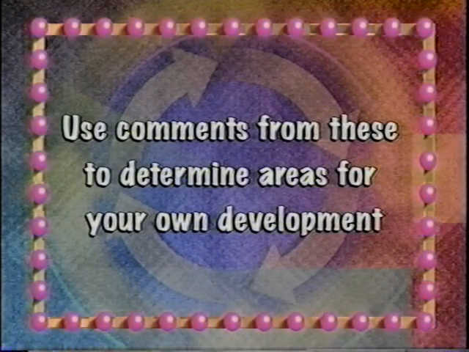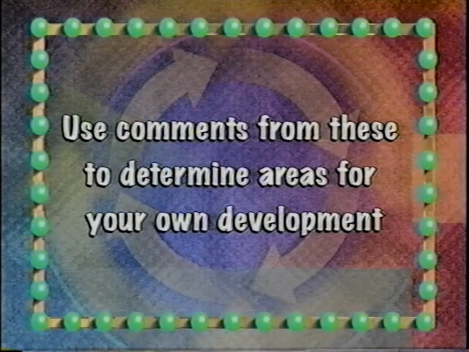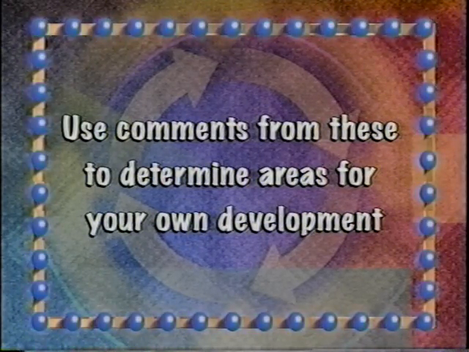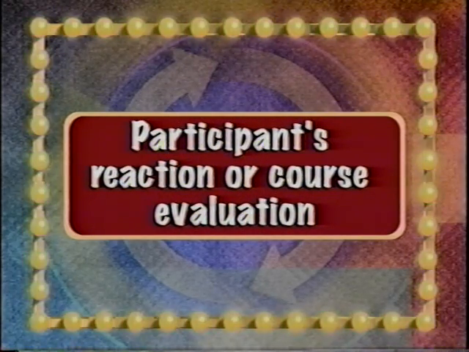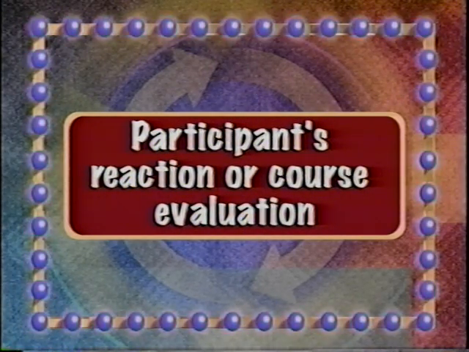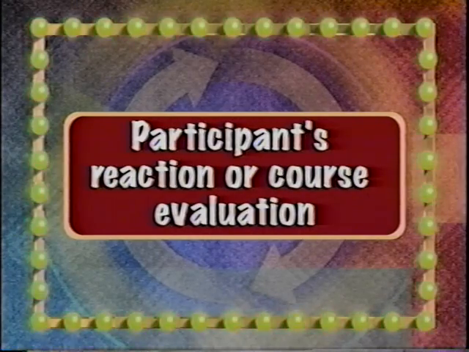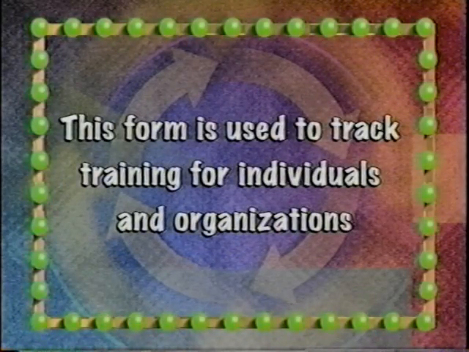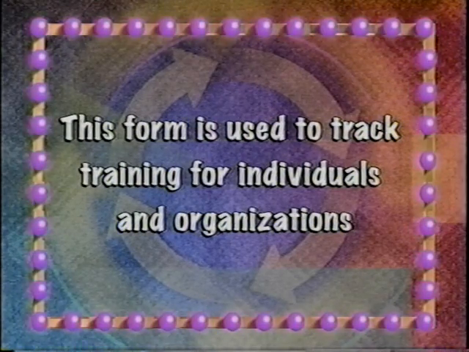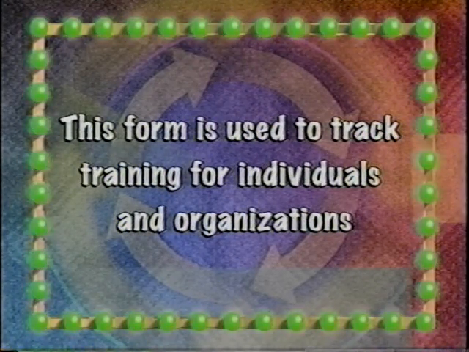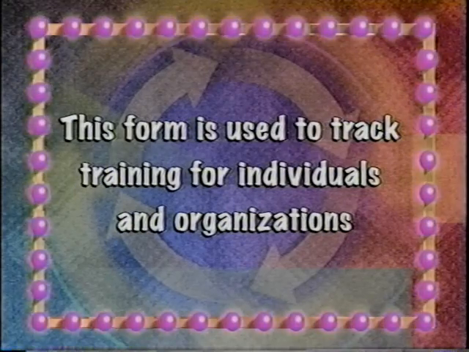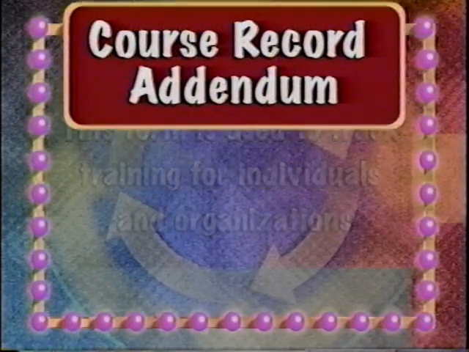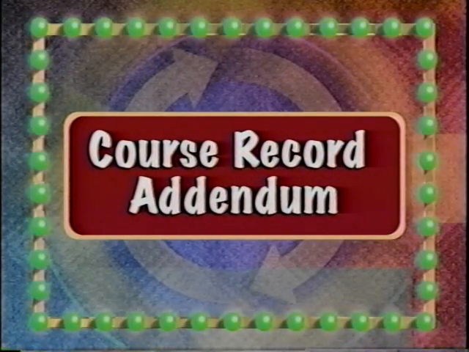Use comments from these to determine areas of your own development. Participants' reaction form or course evaluations. This form is used to track training for individuals and organizations. Course record addendum.